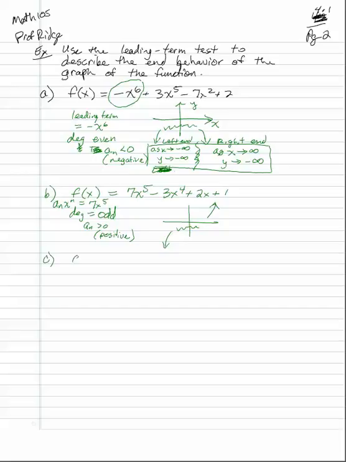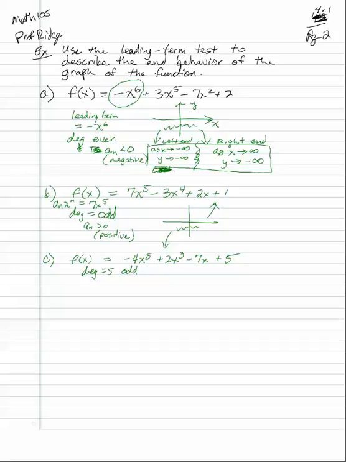Let's do one more. f of x equals negative 4x to the fifth plus 2x to the third minus 7x plus 5. Okay, so degree is 5, which is odd.